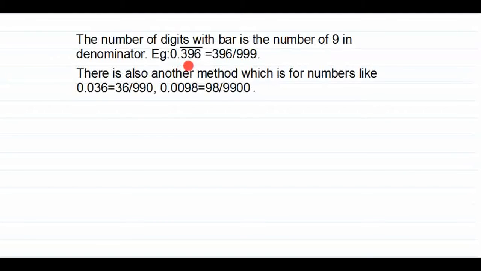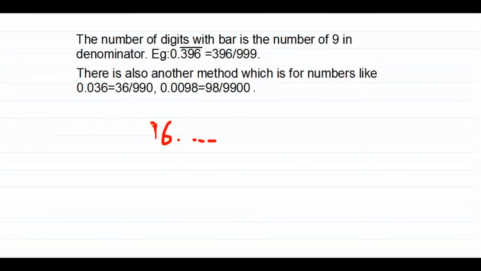As you can see here, 396 has a bar, which is nothing but 0.396 repeated infinitely.